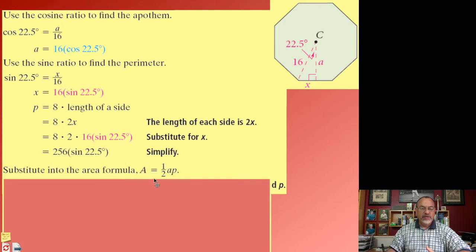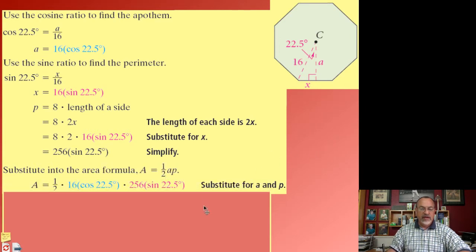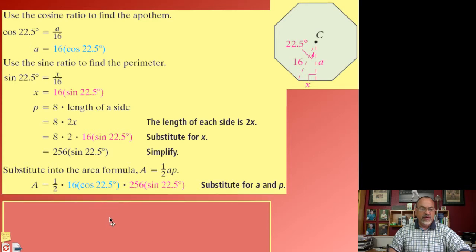So now I can substitute both of those ratios that I've solved for into my equation. So I get the A is 16 cosine 22.5, which I have here. My perimeter is 256 sine 22.5. So I can either take half of the 16 and have 8 cosine 22.5, or I can do half the 256, get 128, and then multiply that by the 16, or then multiply those two values together.